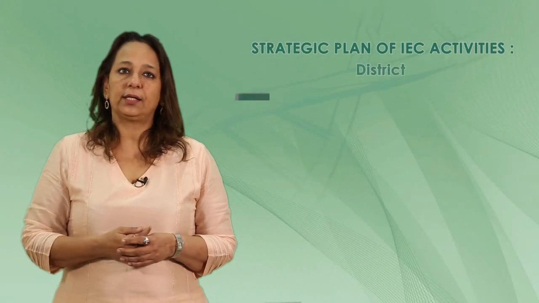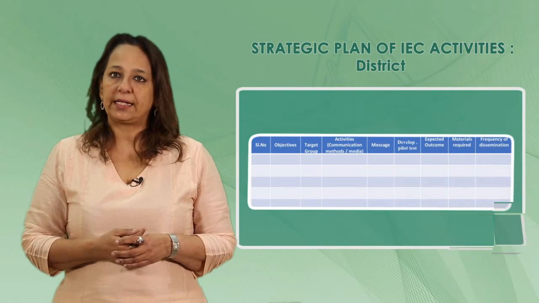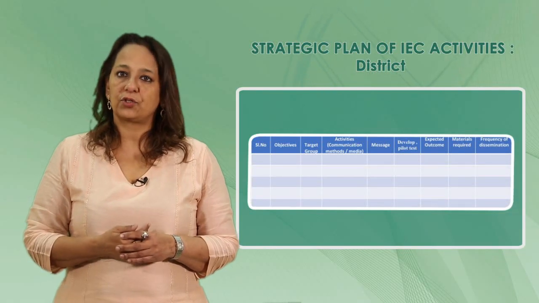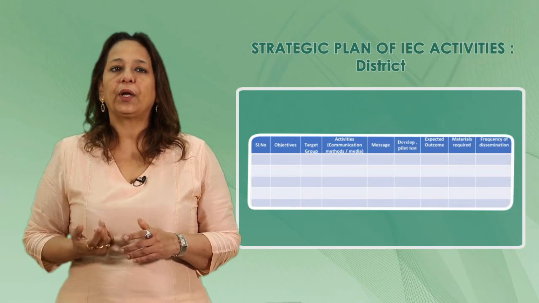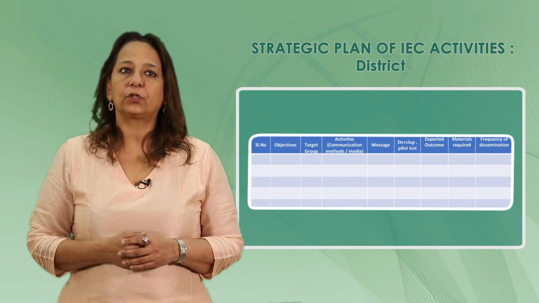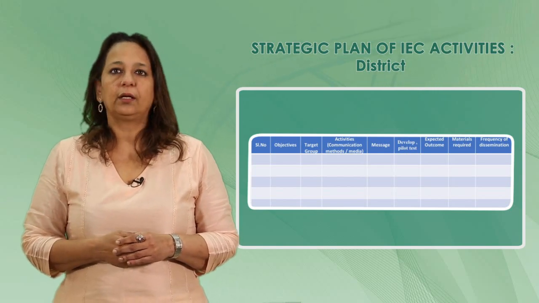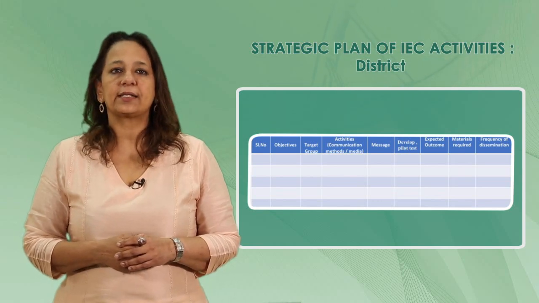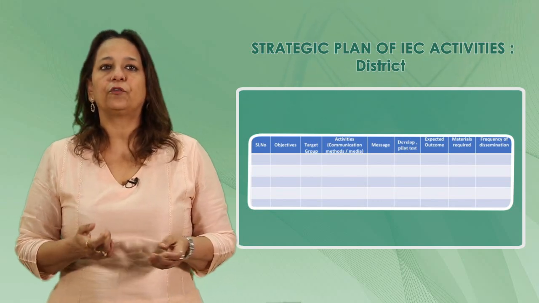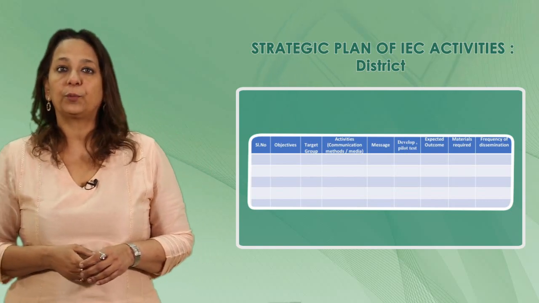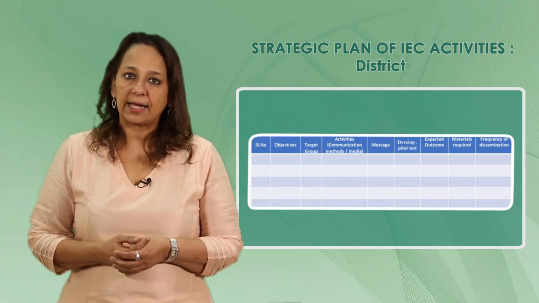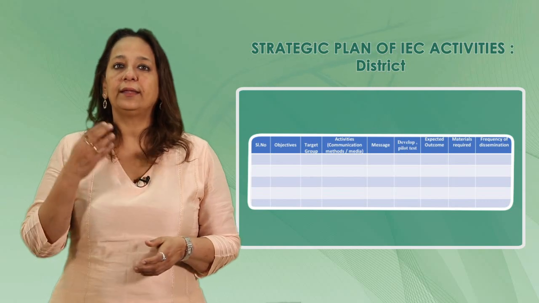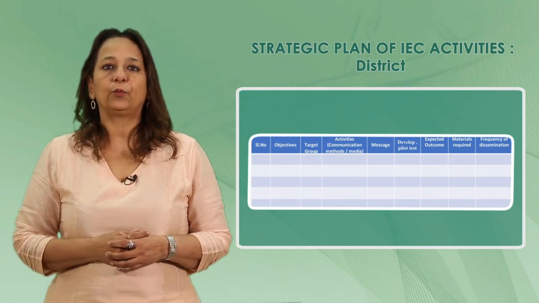Now what you look at is the strategic plan of IEC activities district wise. If you look at the various columns, you will see the first column is the serial number, the next is objective, then target groups, activities, the various communication methods that you're going to be using, what media type you're going to be using, then the message has to be identified over here.